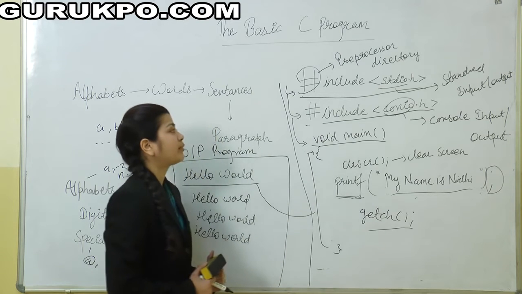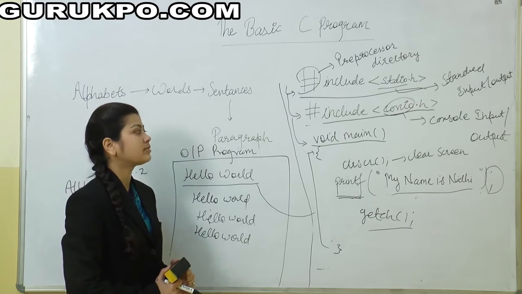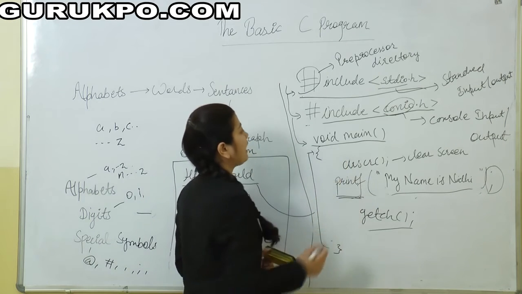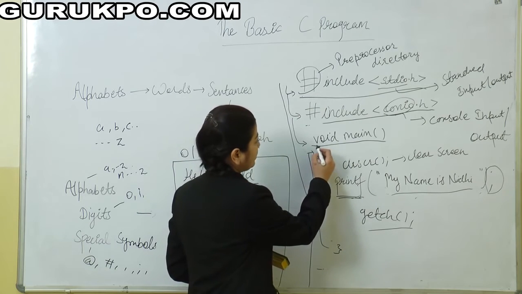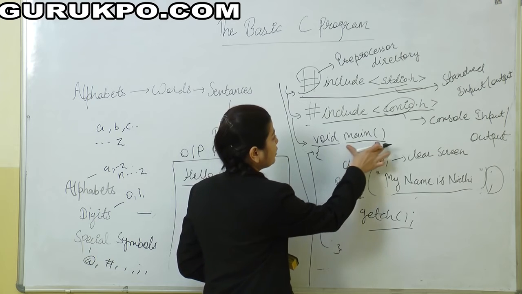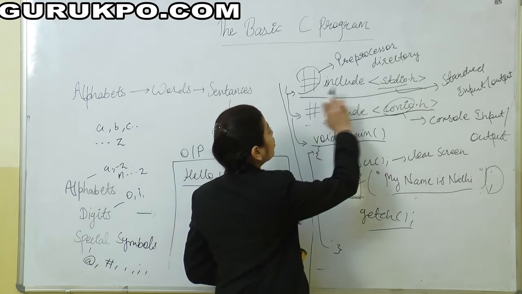The C programming language is case sensitive, so we have to write all the letters in small letters and put spaces between statements. For example, here void, a single space, and after that main.